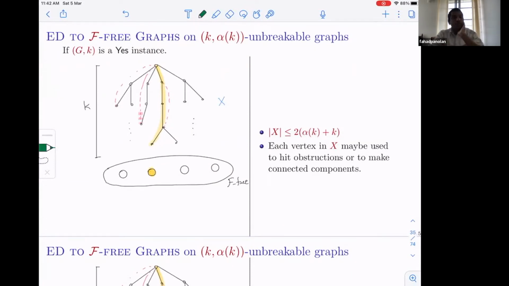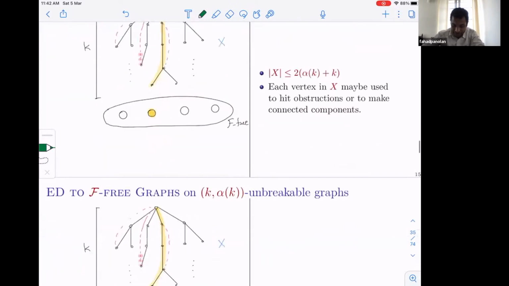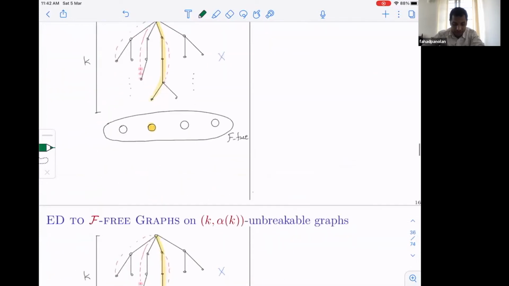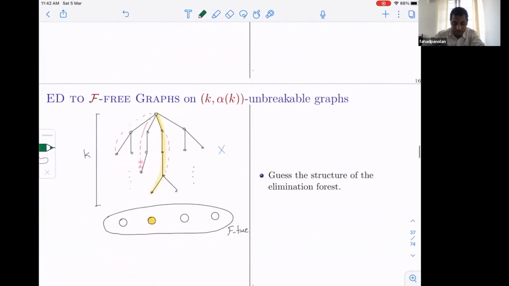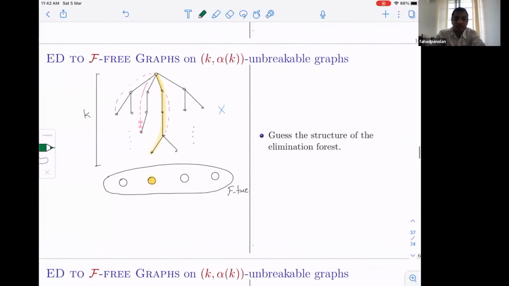Now what we are going to do is design a branching algorithm for our problem. Before explaining how to branch, first let me tell you to look at this X, this elimination forest.